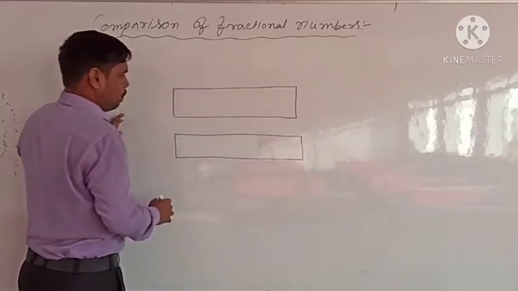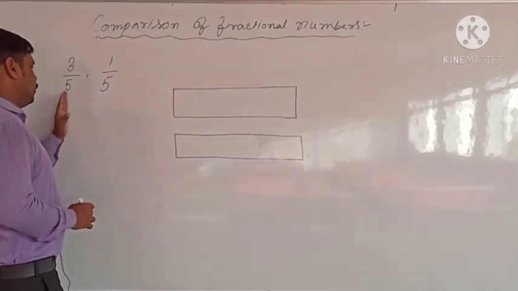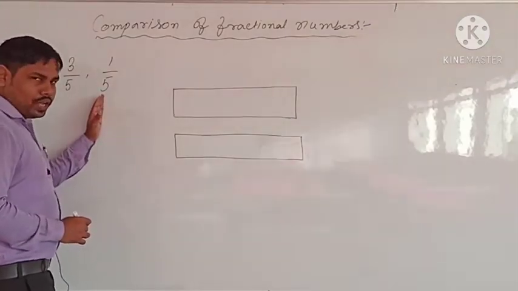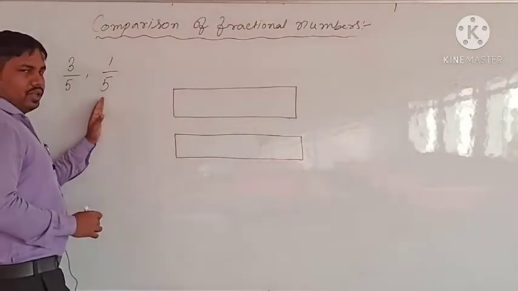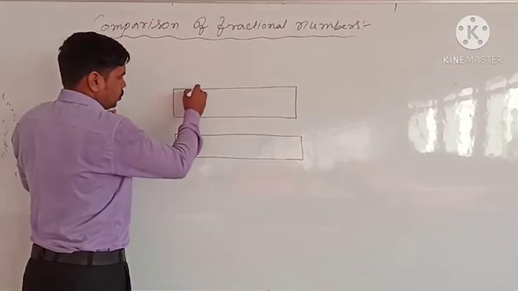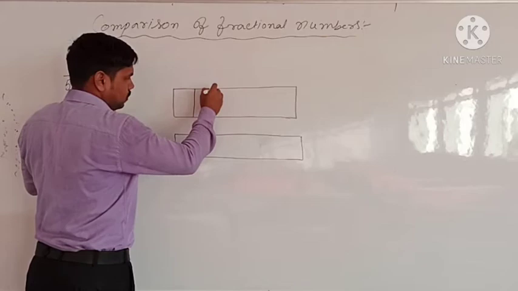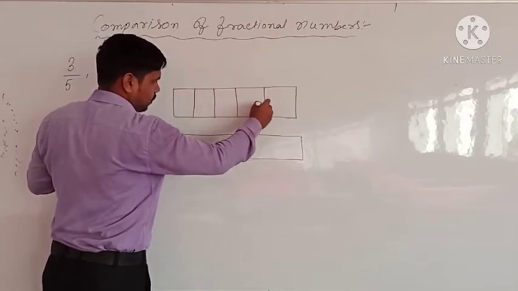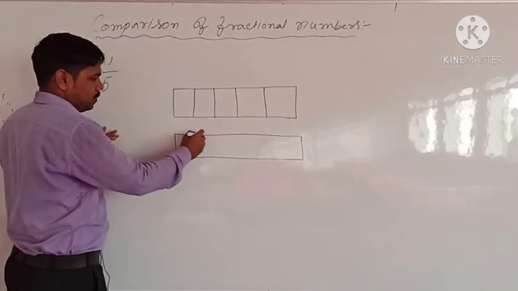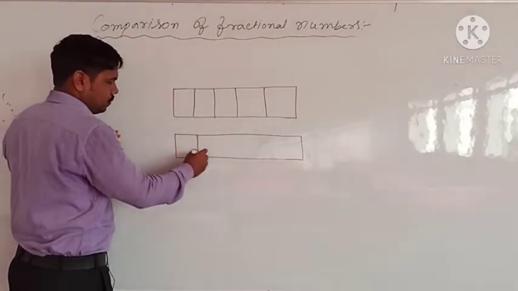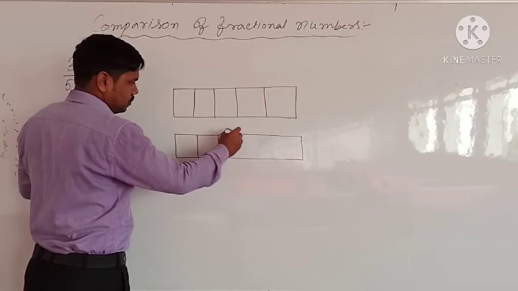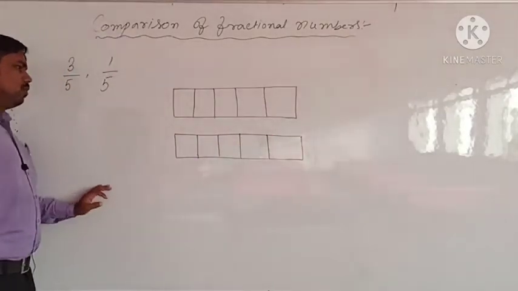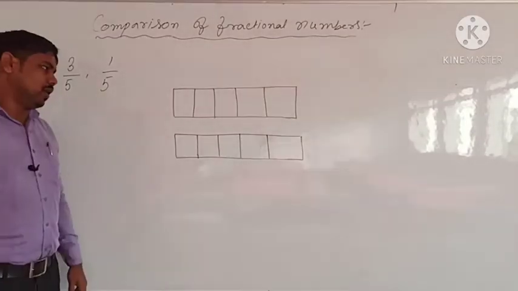In these two pictures, first we will divide both the pictures into 5 parts, because in the denominator we have 5. So 1, 2, 3, 4, 5. This also 1, 2, 3, 4, 5. So both the figures I have divided into 5 parts.